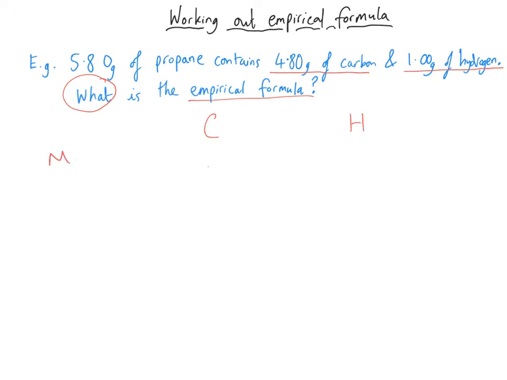And then down the left-hand side, we need to always use this structure. We've got the mass, or the percentage, in this case it's mass. Then we've got the relative atomic mass. Then we've got the moles. And last of all, we've got the mole ratio. And so to start putting the numbers in, we know we've got 4.80 grams of carbon and 1.00 grams of hydrogen.